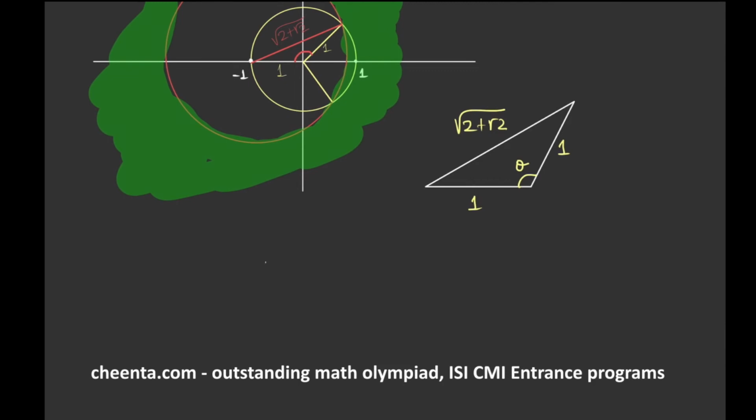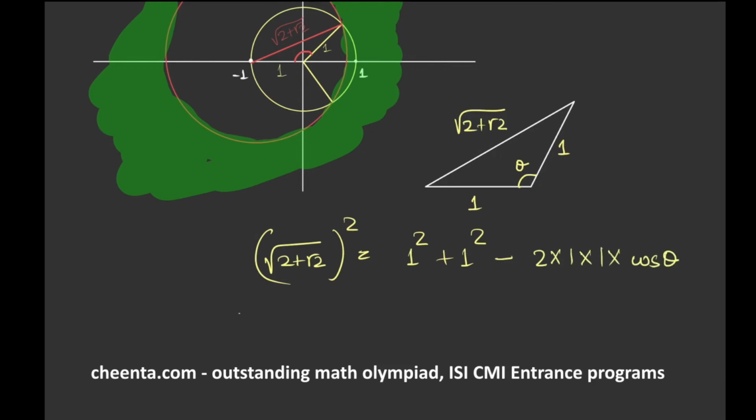As we know, using the cosine rule, square root of 2 plus root 2 whole squared is actually 1 squared plus 1 squared minus 2 times 1 times 1 times cosine theta. That implies 2 plus root 2 is equal to 2 minus 2 cos theta. That implies cos theta is equal to minus 1 upon root 2.